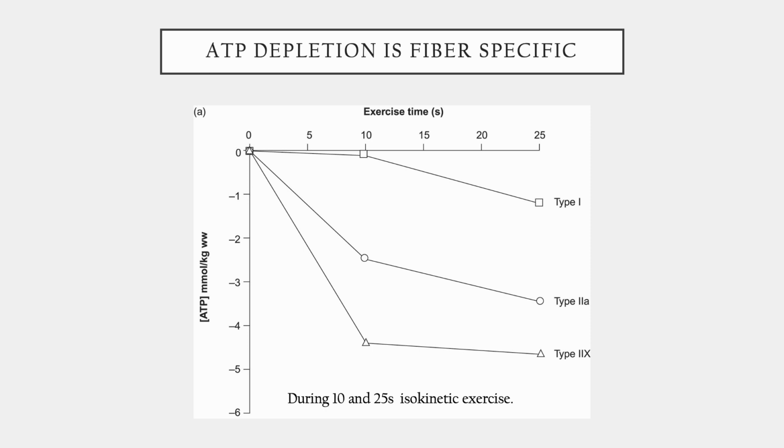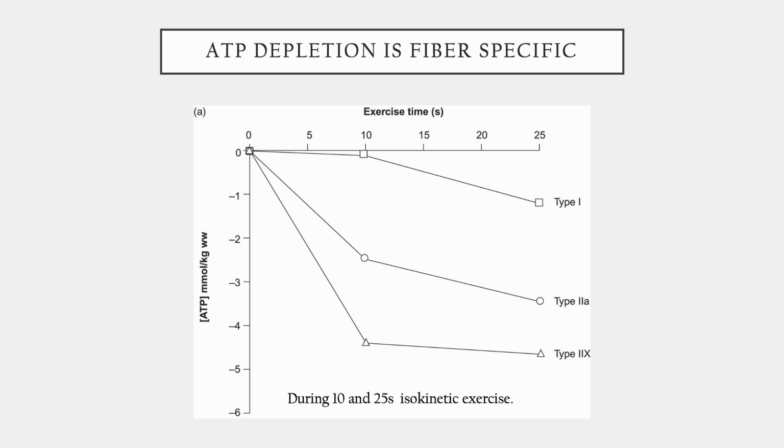Within the human body, we have different types of muscle. For the skeletal muscle, we have type 1 versus type 2. What this is showing is that ATP depletion occurs much faster for our type 2 fibers in comparison to our type 1. For the sake of this PowerPoint, type 2 fibers are our anaerobic muscle fibers.